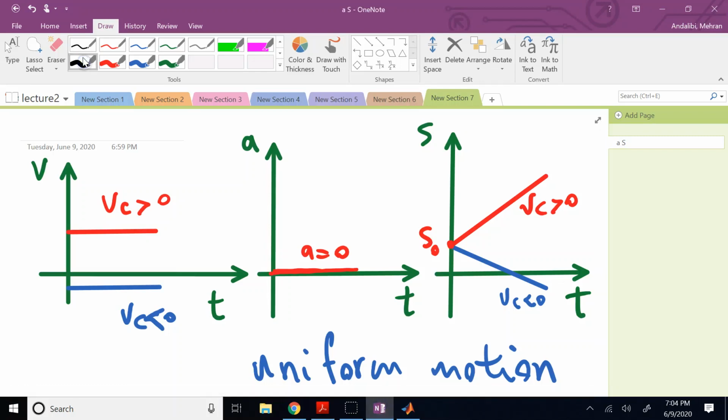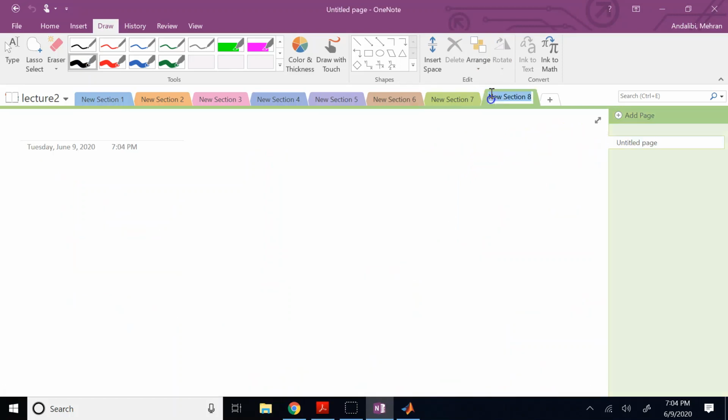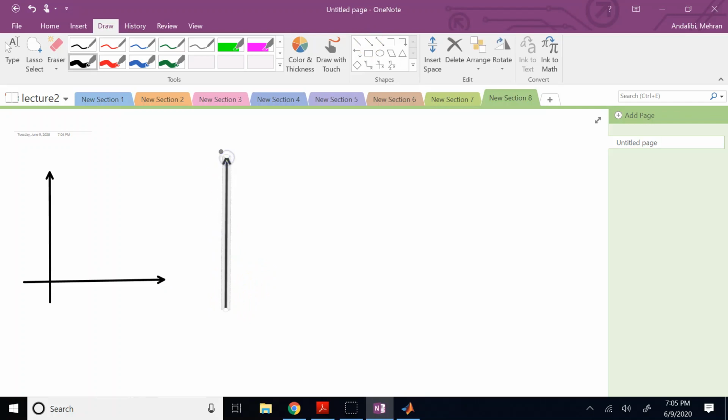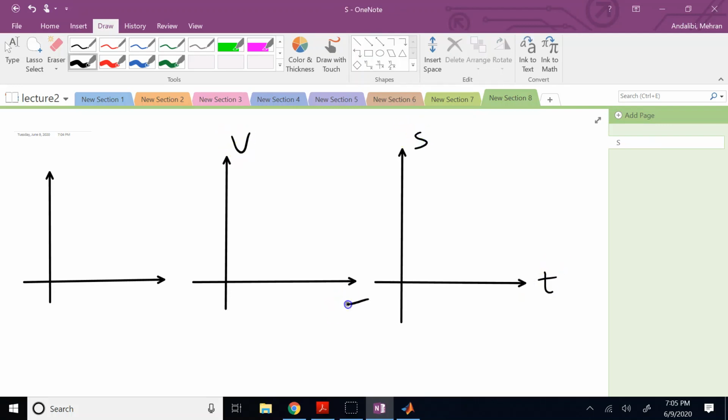So here we learned that s is s0 plus vc times t. Now, if I look at constant acceleration motion, so this is t, this is s, this is v, this is t, this is a, and t.